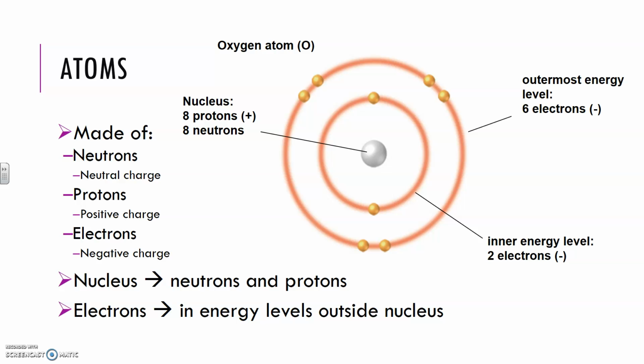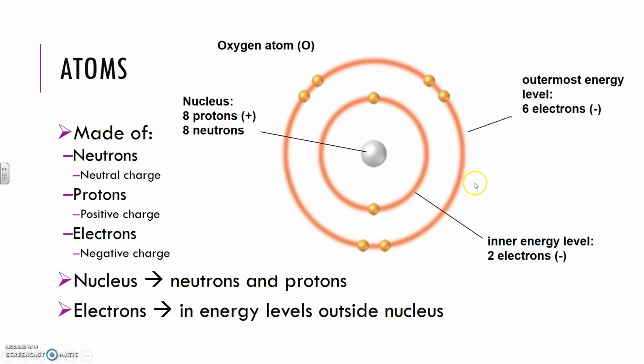This depiction also shows you 2 energy levels. In oxygen you have these 2 energy levels. The first energy level, the innermost one, can only hold up to 2 electrons. So your first 2 electrons will go into the inner energy level and then build outward from there. A neutral atom of oxygen has 8 electrons because it has to match the protons, so you have 8 negative charges and 8 positive charges.